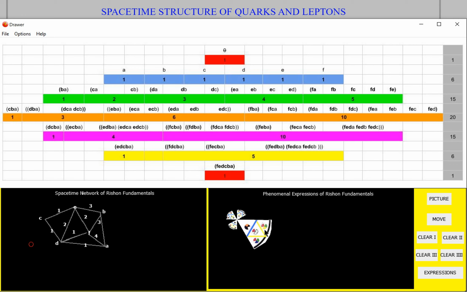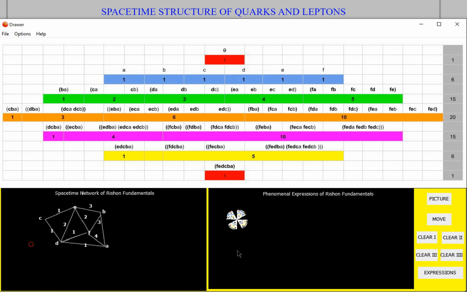because each Rishon would then have to relate to each other Rishon, the other two. And so you have what we call the alter-relating Rishons. And then we have the self-relating Rishon, and the dual-relating Rishon. You can learn more about the details of these expressions on the web page dedicated to the Rishon expressions.